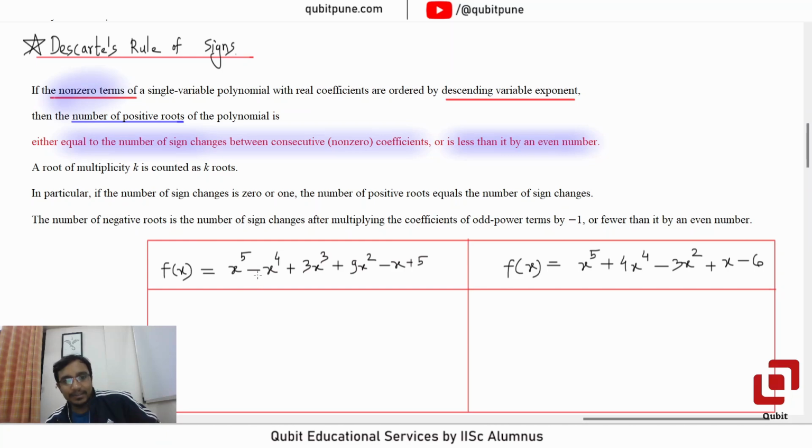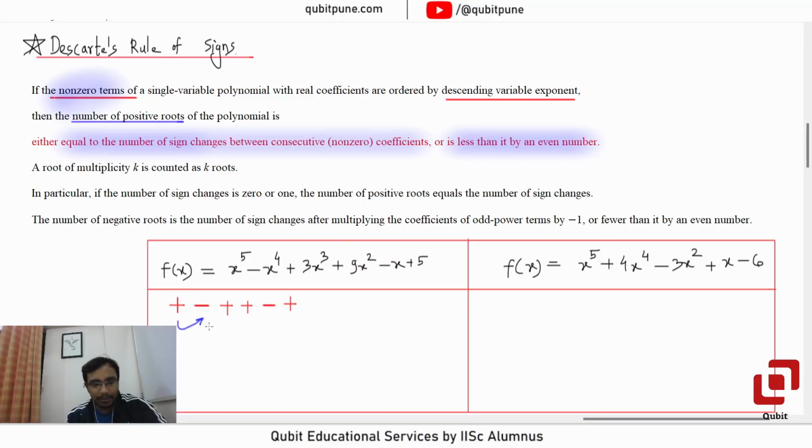f of x equal to x raised to 5 minus x raised to 4 plus 3x cubed plus 9x squared minus x plus 5. Now see here. x raised to 5's sign is positive. x raised to 4's sign is negative. 3x cubed sign is positive. 9x squared sign is positive. x's sign is negative, and the constant term is positive. Now how many sign changes are there?